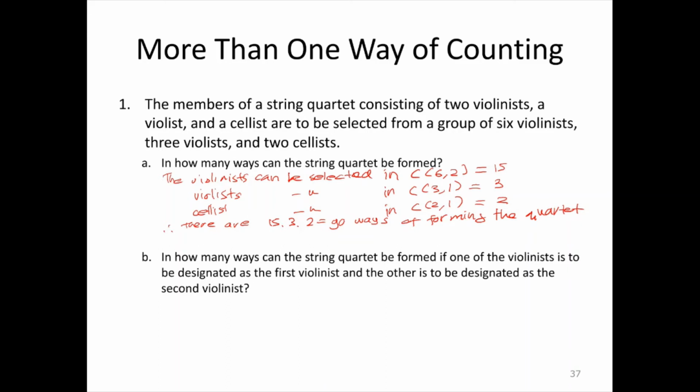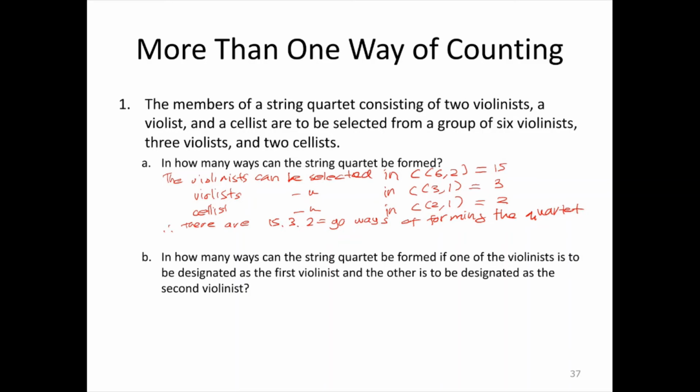You can see here that because one of the violinists will be designated as the first violinist while the other is the second violinist, in this case order becomes important, right? Because if we choose one, he or she will be the first violinist, and then we choose another one who will be the second violinist. If we switch the order, it will give us a different result.